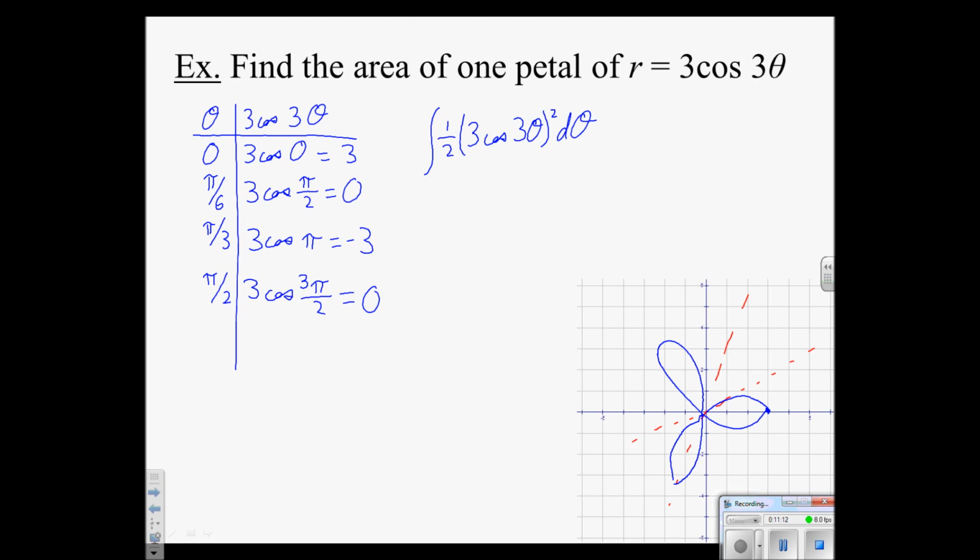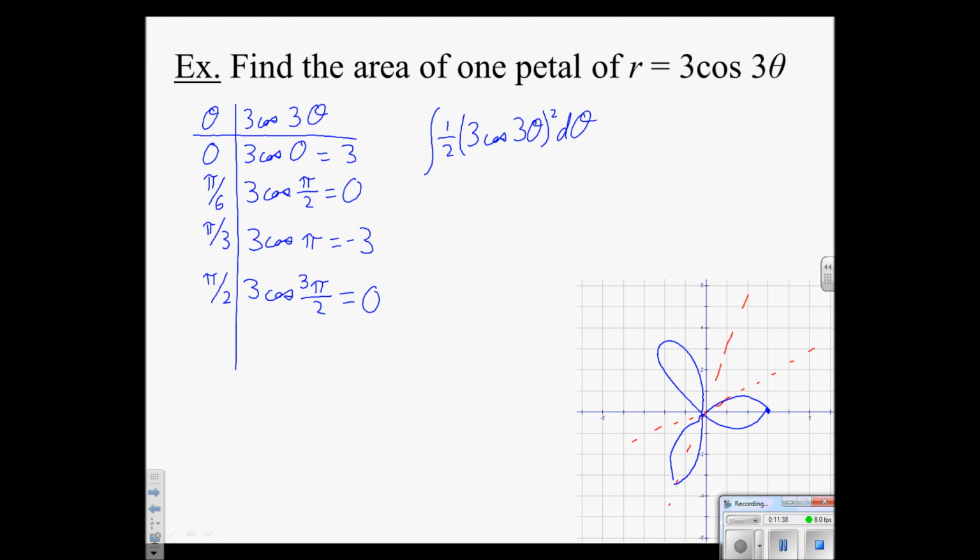The only question I need to answer here, because I already know this, is what are my endpoints? What are my boundaries? The first suggestion I'm going to make is only pick regions where the radius is positive. I say that only because if the radius is negative, it's possible that weird things could happen.